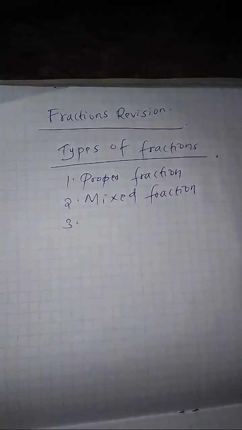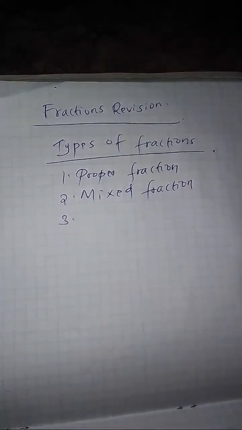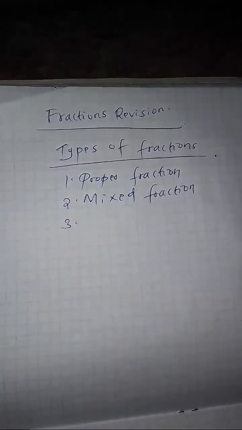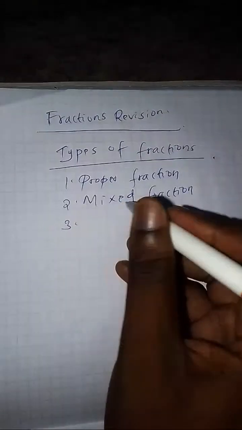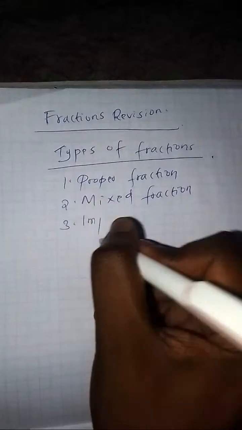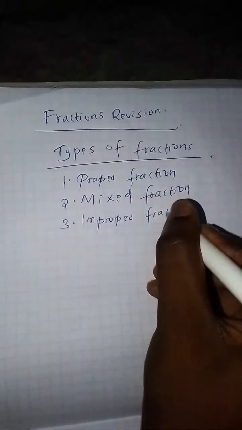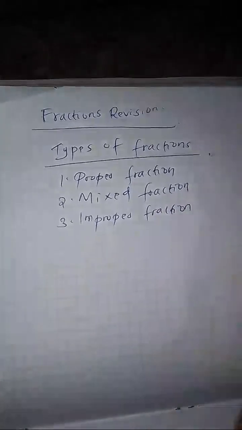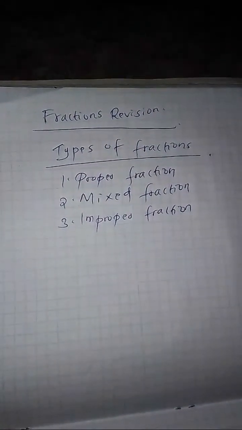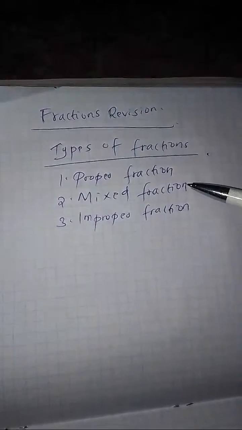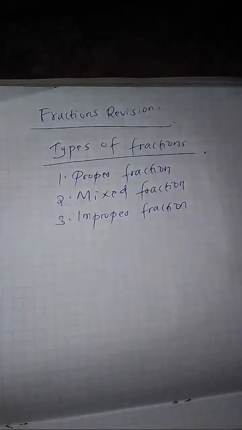And the third one is the improper fraction. So these are the three types of fractions that we have: proper fraction, mixed fraction, then improper fraction.